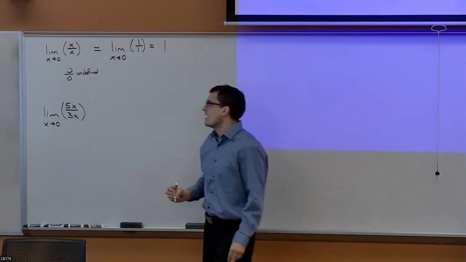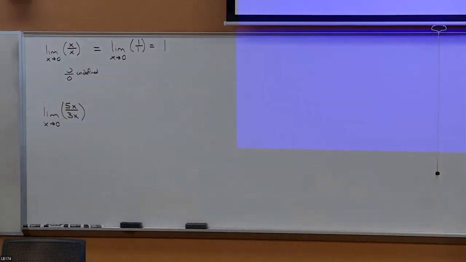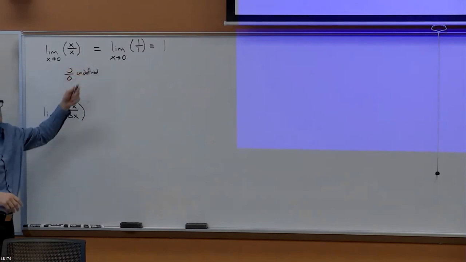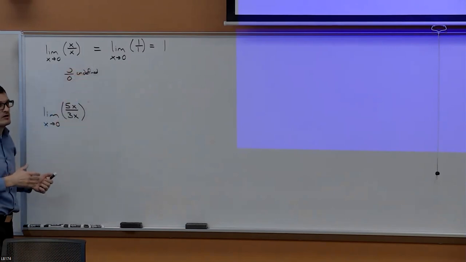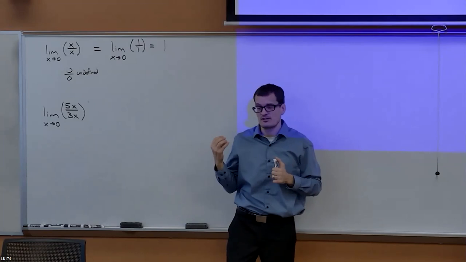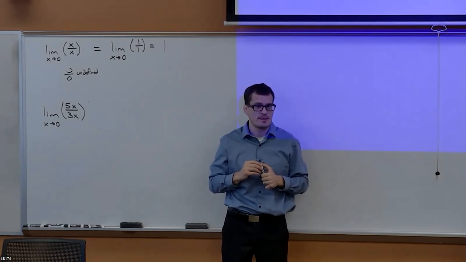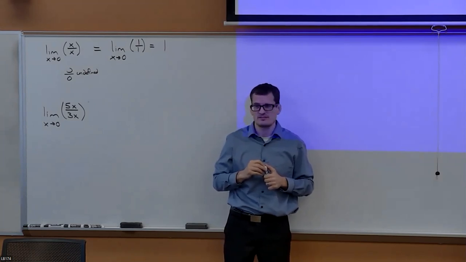So, again, I'm just trying to review some techniques that you should have probably seen in Calc 1. One technique is algebraically simplify. Another technique that we just saw was the relationship between our denominator going to 0 or our denominator going to infinity while the numerator stays the same. Does that make sense?